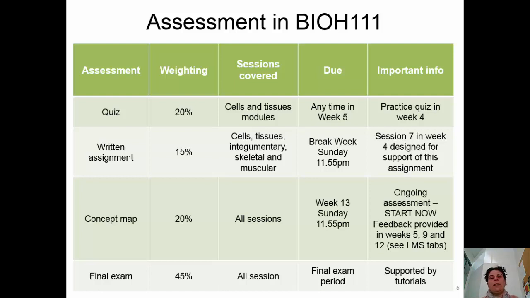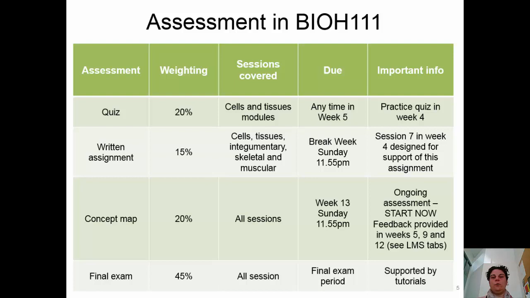Remember that structure-function relationship. It's extremely important. That is going to be reiterated as you go through BIOH111, so make sure that it is visible in your maps. The map itself is there for 2 reasons. One is I fully appreciate that you have this enormous content that you need to learn, but you also need to learn it in a different language.